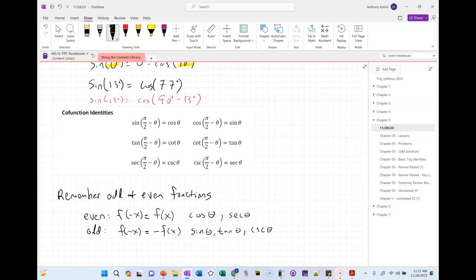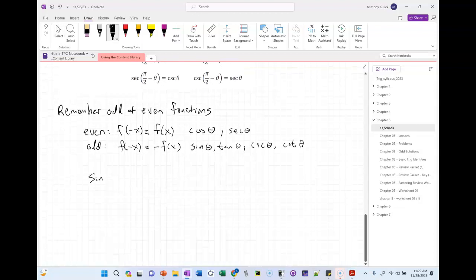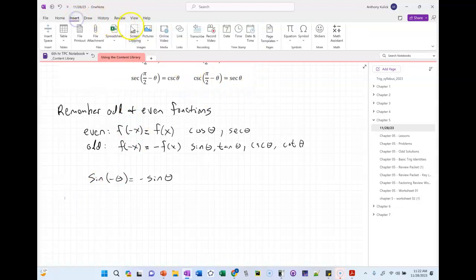And if sine and tangent are odd, their reciprocal functions should also be odd. So we can say sine of negative theta is equal to negative sine theta, since it's an odd function. And we can do that for all of our 6 trigonometric functions, depending on whether they're odd or even.